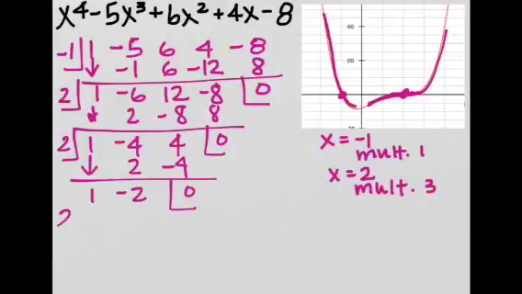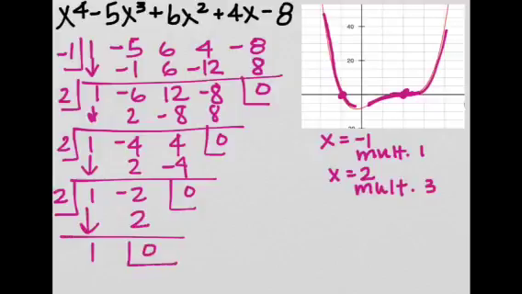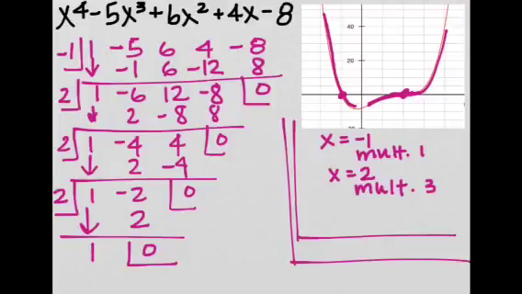Works a second time. So let's try it the third time. And it works the third time. So our final answers, x equals negative 1 with a multiplicity of 1, and x equals 2 with a multiplicity of 3 are the roots of our polynomial.